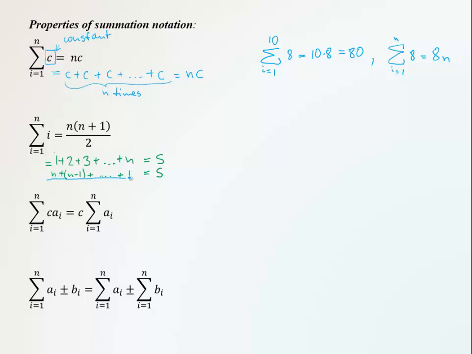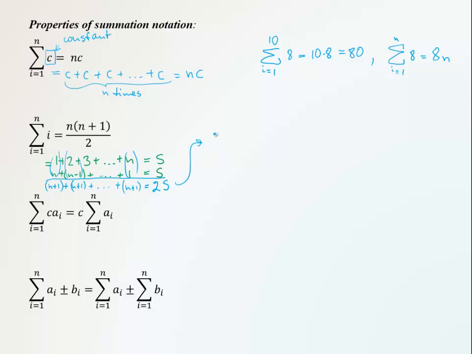Then when we add these two equations, I will have 2S on one side, but then over here I could add column by column, and it will happen that each column will have a sum n plus 1. So we have n plus 1 from this column, and n plus 1 from that column, and so on until the last column, which is still n plus 1.